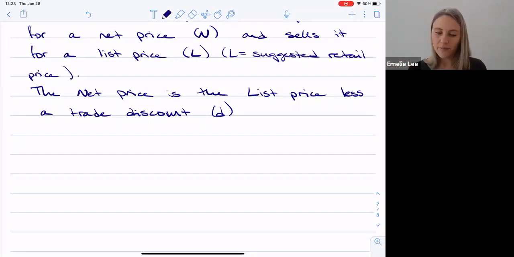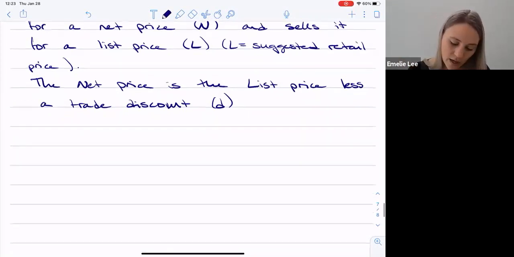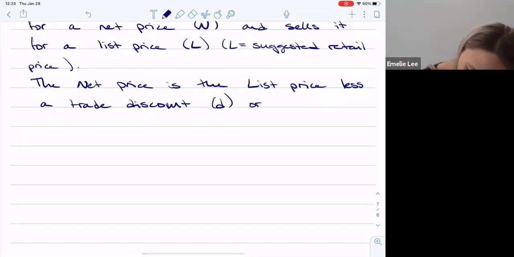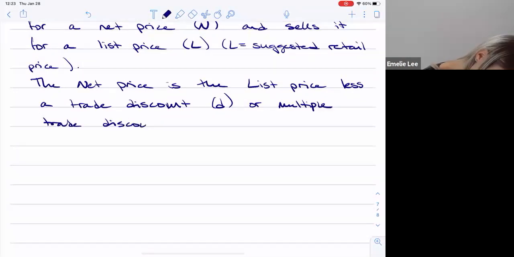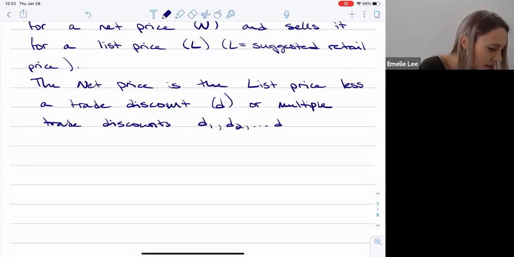And so you might buy it from a distributor and the distributor buys it from the manufacturer, right? And at each level, there's some sort of trade discount. So less a trade discount or multiple trade discounts which we denote by D1, D2, up to D, and then I want to use K, but I just want to make sure.